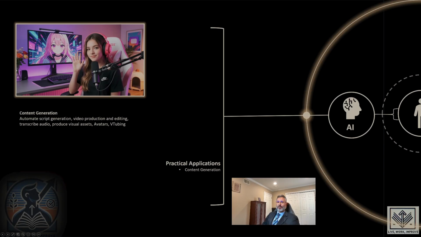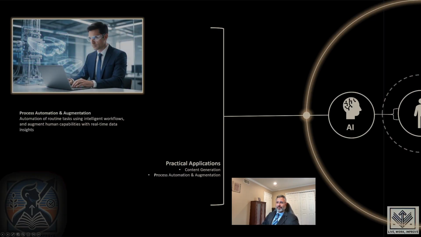But moving on from a consumer perspective to a more corporate perspective, you can see how AI is used for process automation, process augmentation. You can even redefine entire processes to be performed by AI agents.